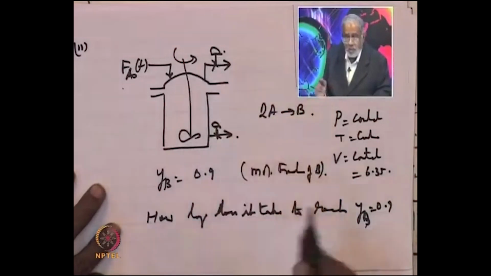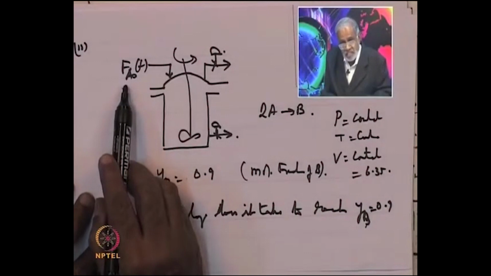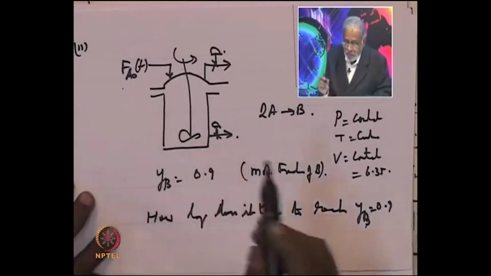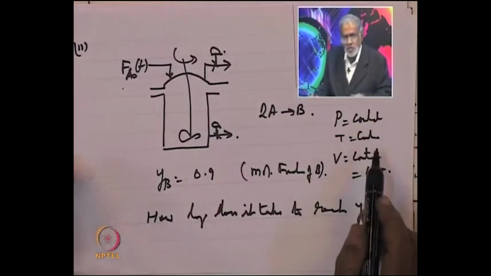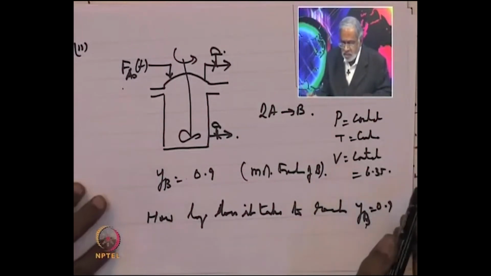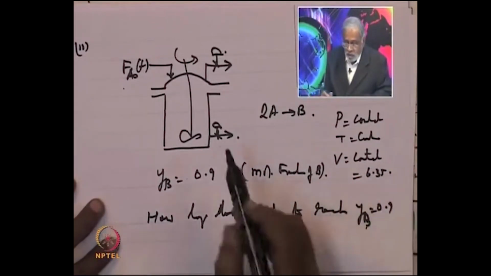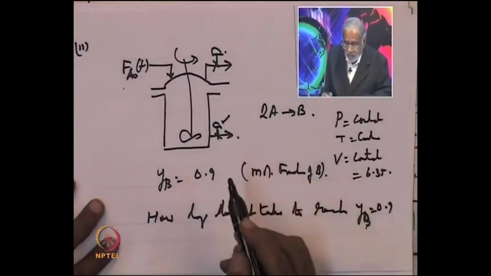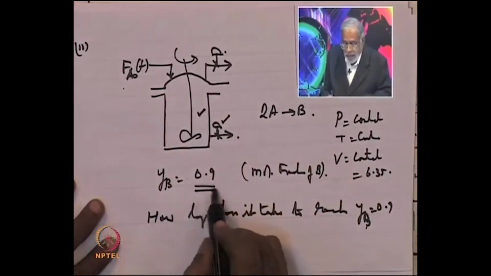All the outlet valves are closed, and the inlet flow Fa0 is adjusted so that the pressure remains constant, temperature remains constant, because we maintain temperature constant. So, the question is, how long would it take for the mole fraction inside the equipment to become 0.9.